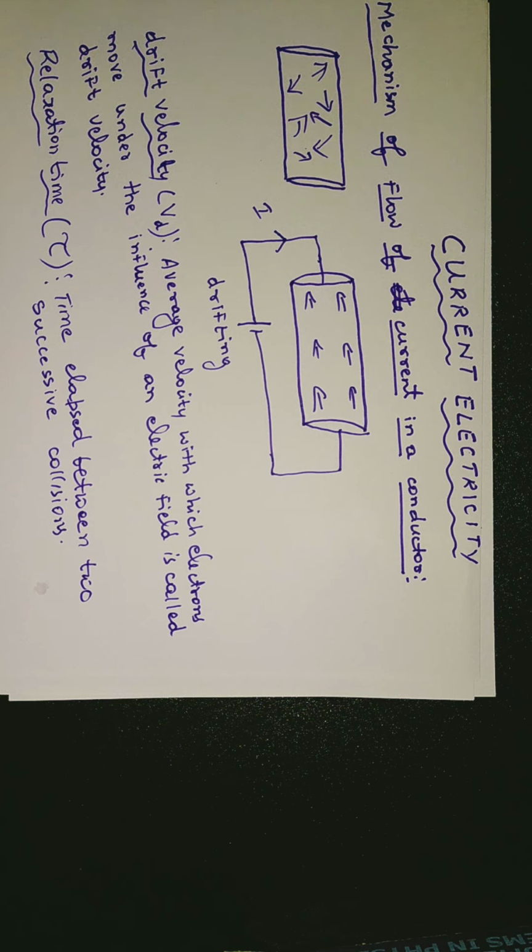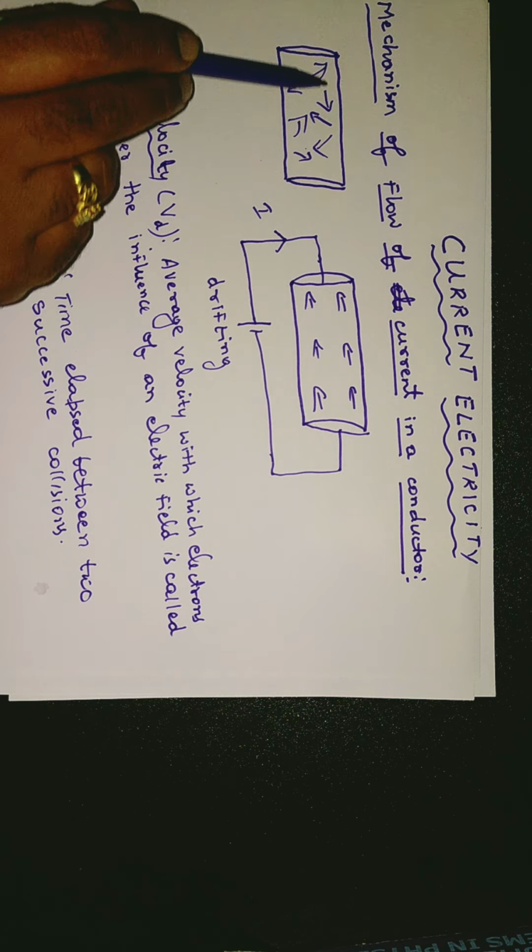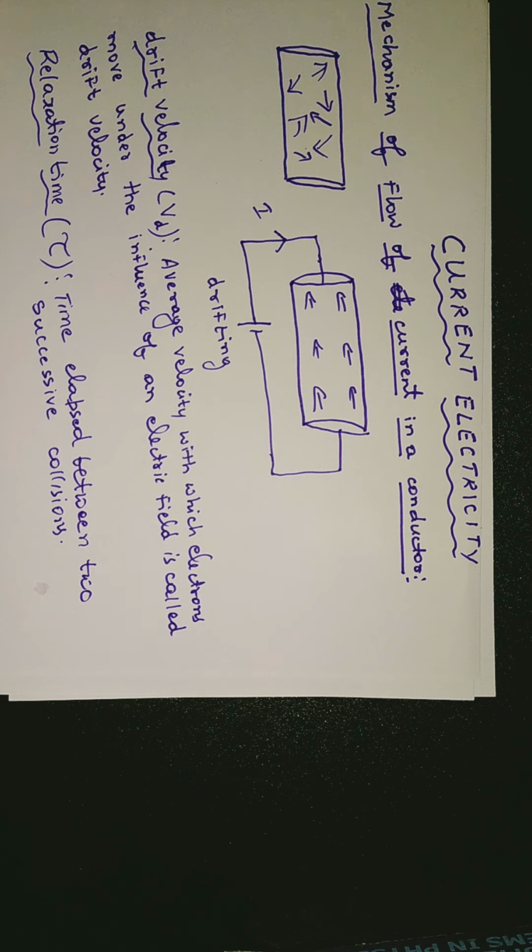So students, first we understood how electrons flow in a conductor, or how current flows in a conductor under the influence of an electric field. First we understood that in a conductor, when no electric field is applied, the free electrons will be moving in all possible directions. They will not move in a predicted manner. They will move in random directions.